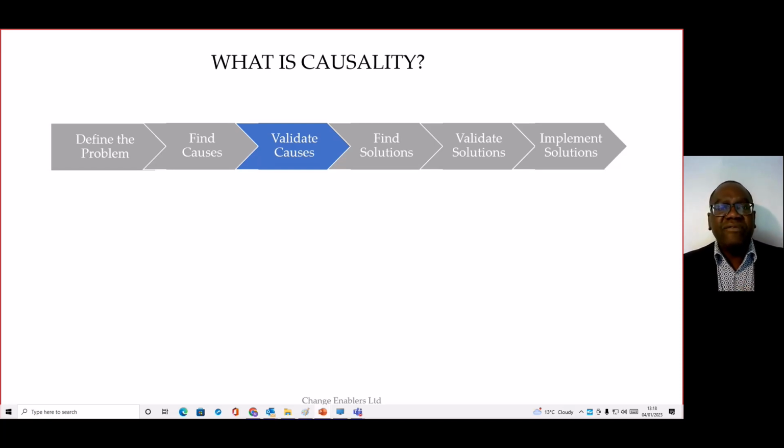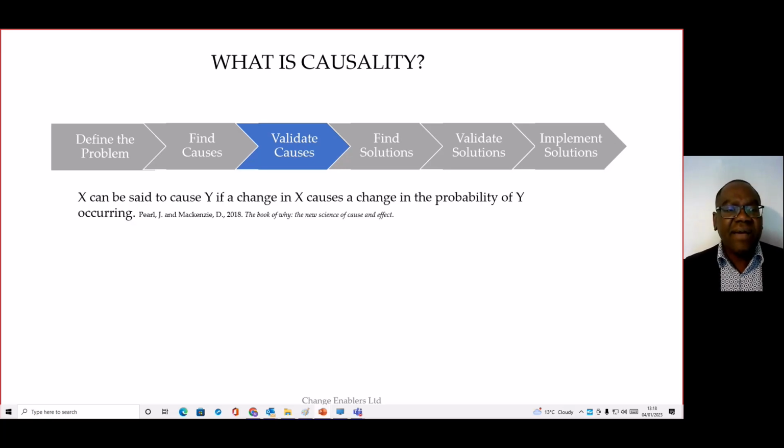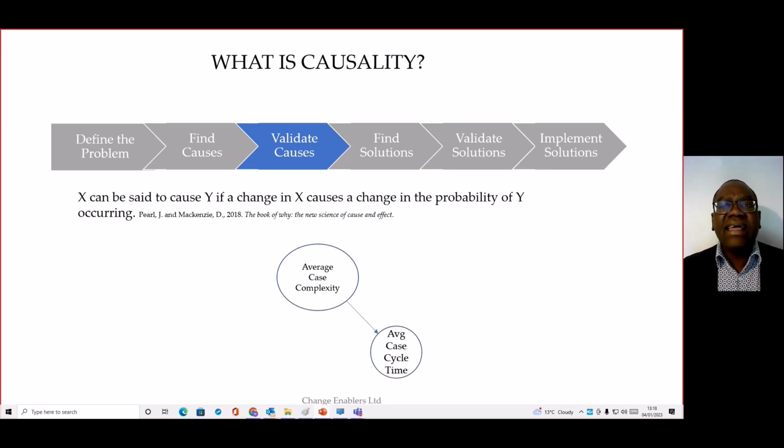We start by briefly revisiting the meaning of causality. The variable x can be said to cause y if a change in x causes a change in the probability of y occurring. So say x is the average case complexity score and y is the average case cycle time.